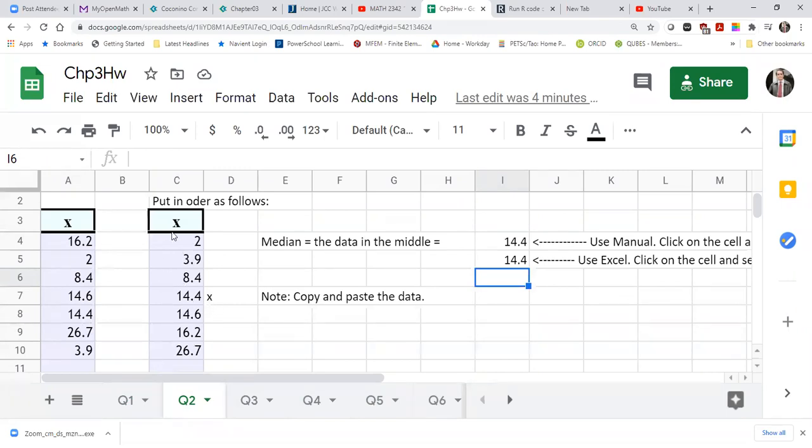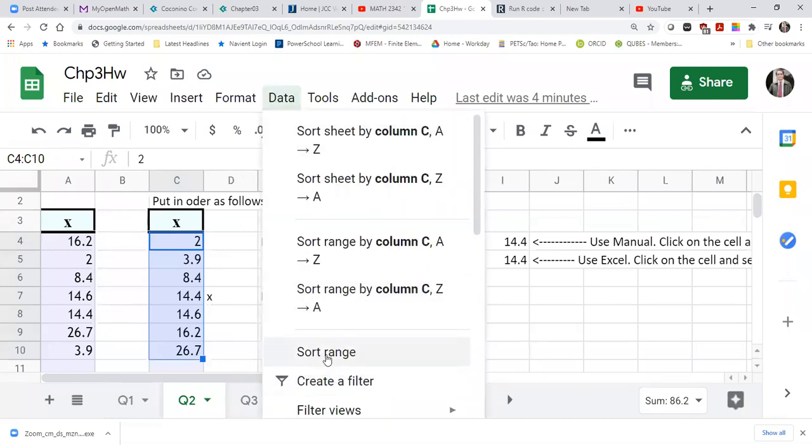Okay. To sort the data, you need to make sure that you highlight this data and then go to data, sort range. So you need to sort based on the range that you already put over there.